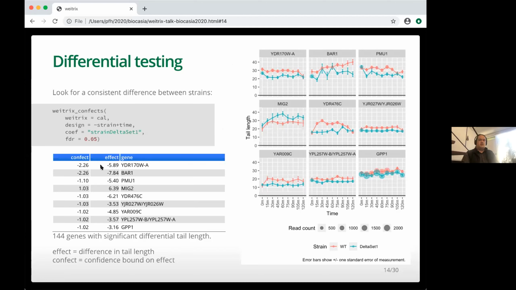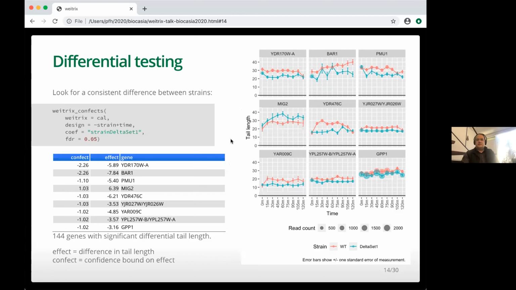We have the difference between the strains here and then a confidence bound on that, and the results are sorted by that. We get a bunch of interesting looking results. Once you do have these calibrated weights, you can start plotting standard deviations on these individual measurements, which is nice. But yeah, we're limited by this design without replicates.